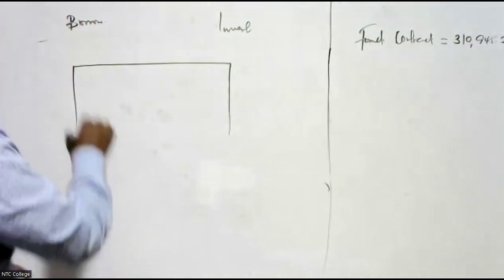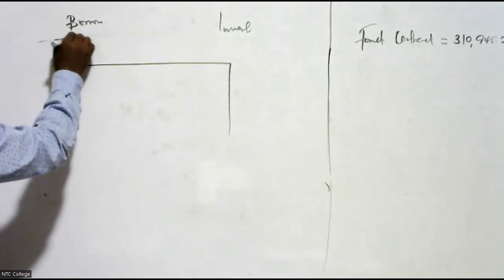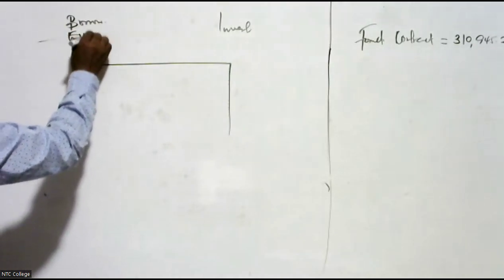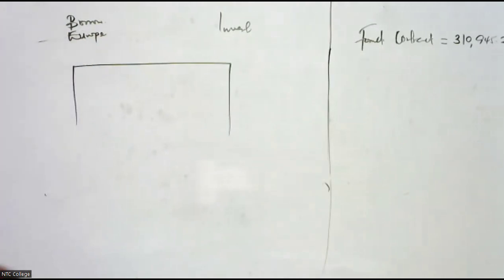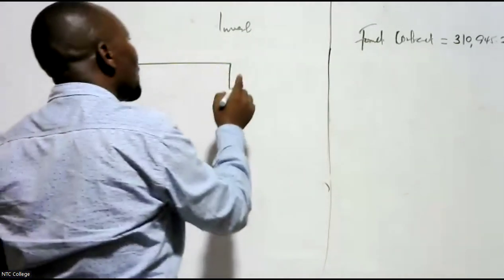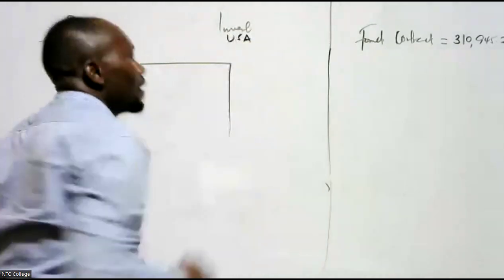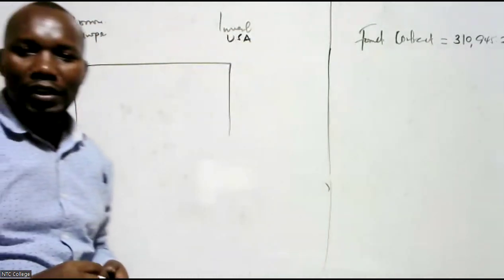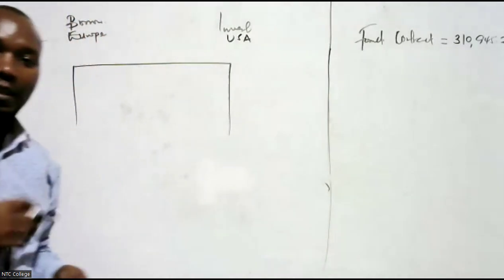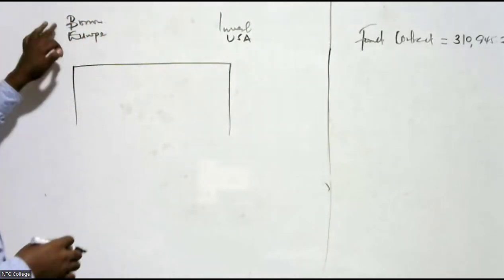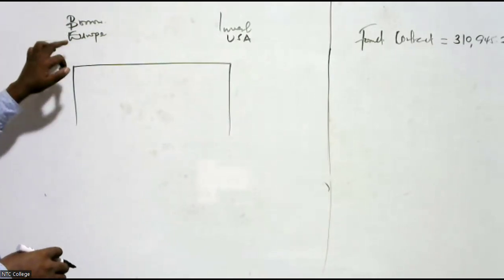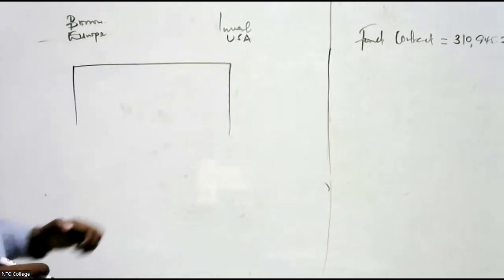So we are borrowing in Euro, and we invest in US. Do you understand the rule? Foreign receipt, borrow foreign. So you borrow here, invest here.